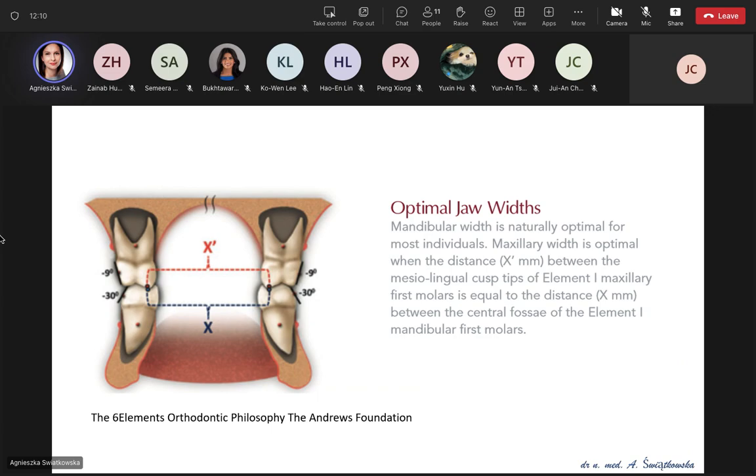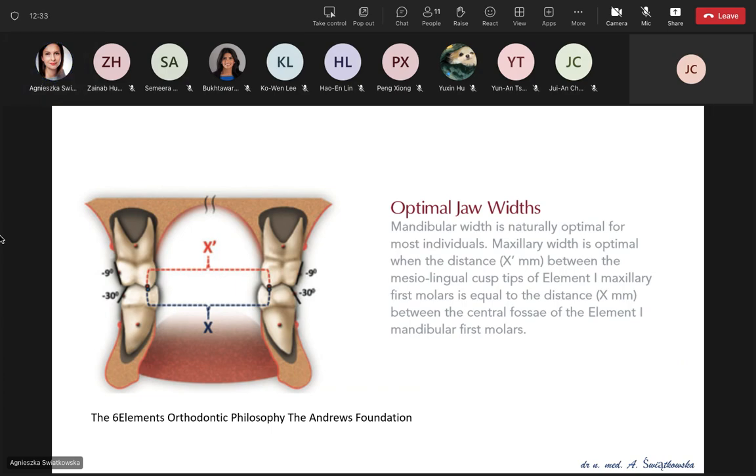And these distances should be the same. If the upper arch is narrow, usually we have a 5, 6, 7 millimeter discrepancy. It's information for us that our patient will need expansion of 5, 6, or 7 millimeters.